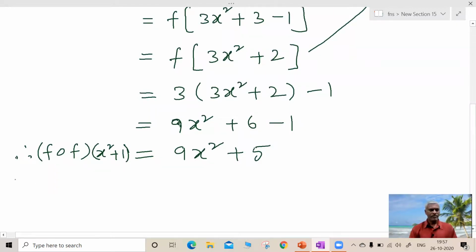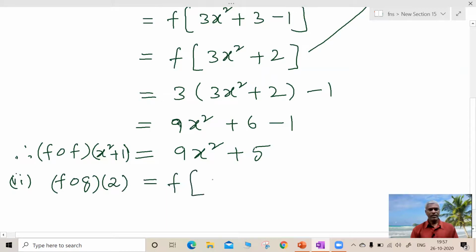Now let us find the second bit. F circle g of 2. Break the circle and separate g of 2.